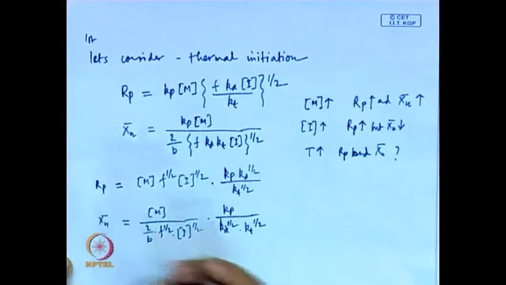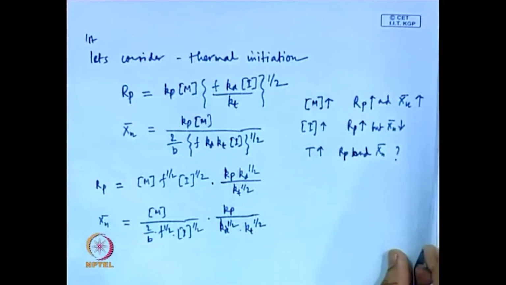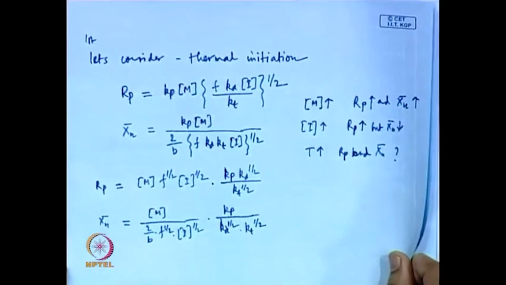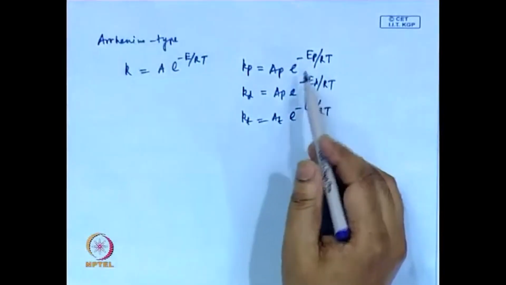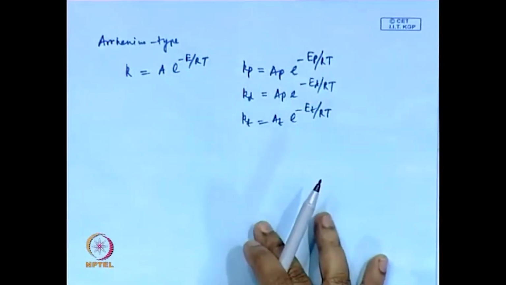So, we write Rp as the rate of reaction, same as the rate of propagation, where Kp is the rate constant for propagation and Ep is the activation energy for propagation.